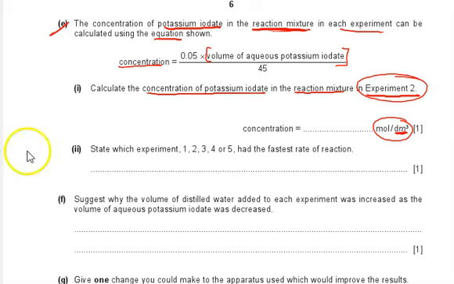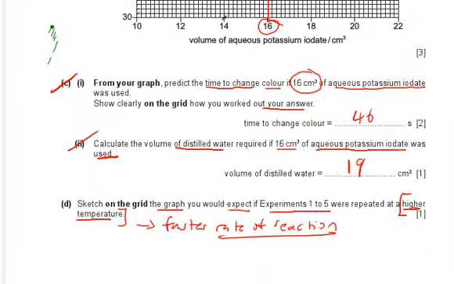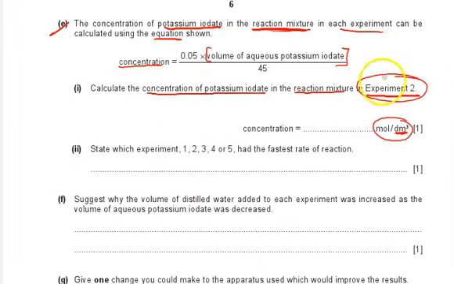Experiment 2 uses 18 centimeter cube of aqueous potassium iodide, so we substitute 18 here. 18 divided by 45, I'm getting 0.02 mol per decimetre cube.